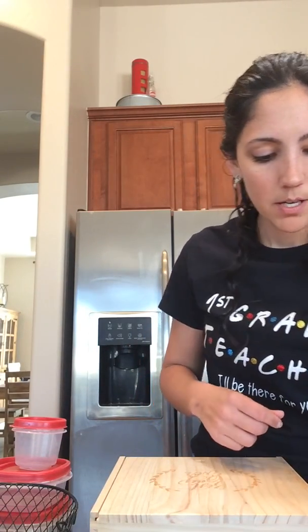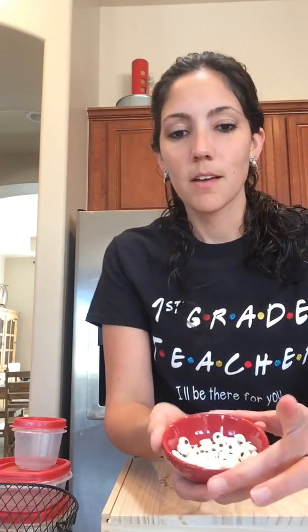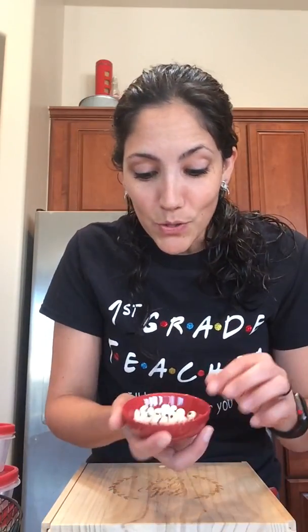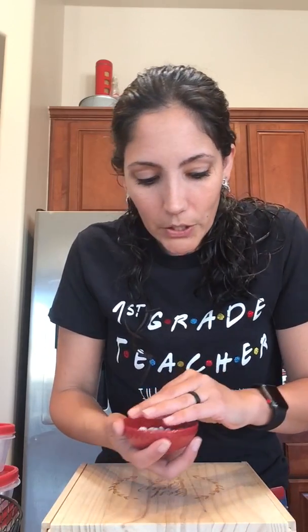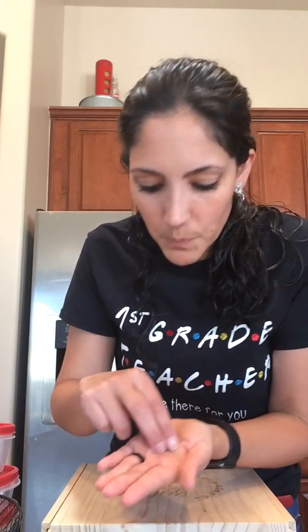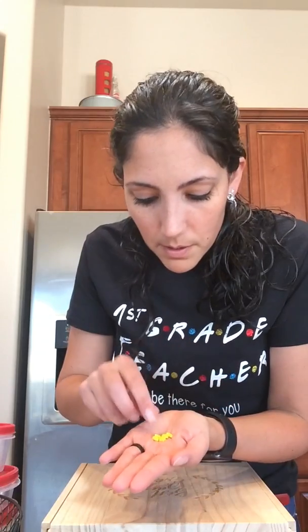I don't have any rice or any beans in my house, but I do have a lot of sprinkles. I have some eyeball sprinkles, and these are pretty big, pretty hard. I have some star sprinkles, which are smaller than the eyeballs, but still pretty big and hard.